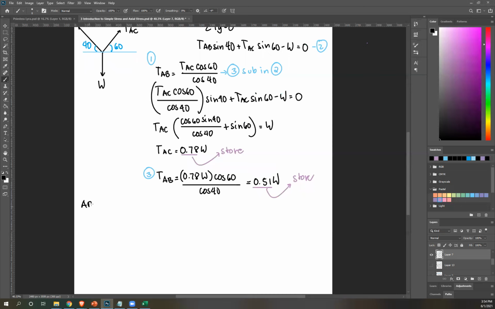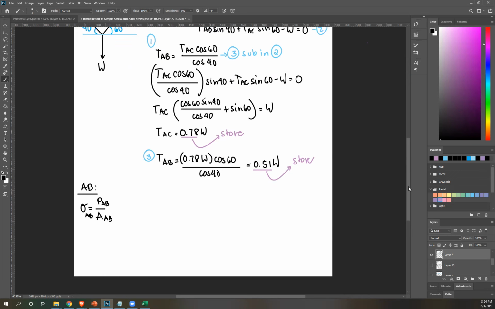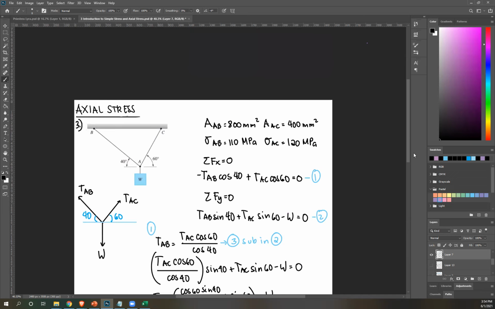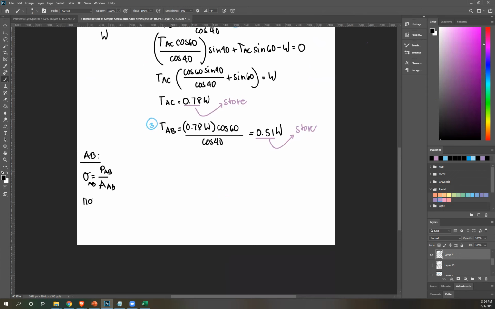So AB, stress equals P over A. What's stress AB? 110. Copy that. 110 equals, now PAB is the same as your TAB, and that's 0.51 weight.